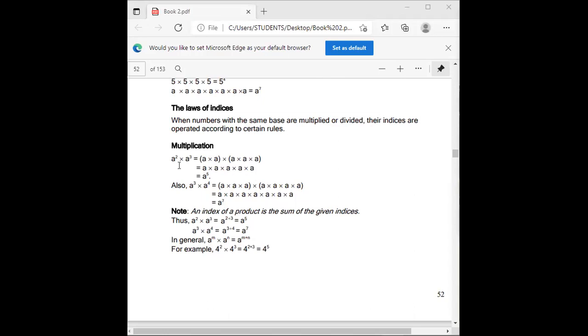So we are saying if I have a squared times a to the power 3, okay? We know that according to the law, a squared means we are supposed to multiply a how many times? 2 times. So a times a, again times a cube, which is a times a times a.